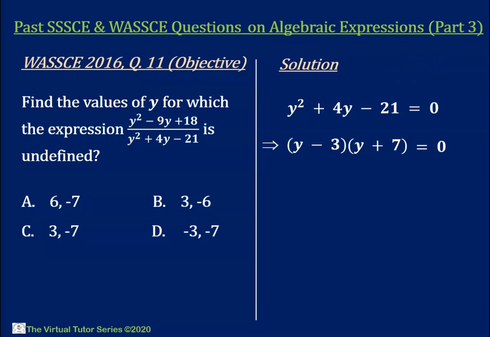If the product of two numbers is 0, then either of them can be 0. Therefore, either y minus 3 is equal to 0, which implies that y is equal to 3, or y plus 7 is equal to 0, which implies that y is equal to negative 7.